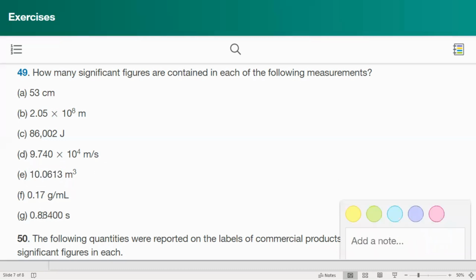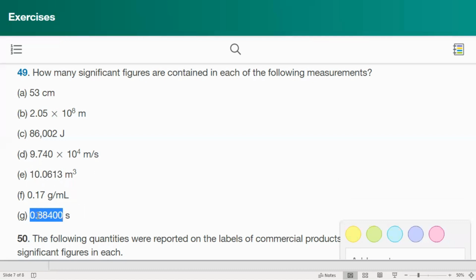This one, it's a little subtle. As far as I can tell, as far as I remember, you always count the trailing zeros as significant figures if they're to the right of the decimal point. So that's 1, 2, 3, 4, 5. I got that right.